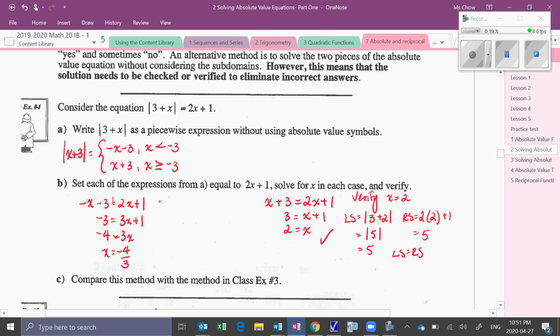So now if I verify x equals negative 4/3 in my original equation, then on my left side I have the absolute value of 3 plus negative 4/3, and that is going to be, so 3 is the same as 9/3 plus negative 4/3 is then going to be 5/3.